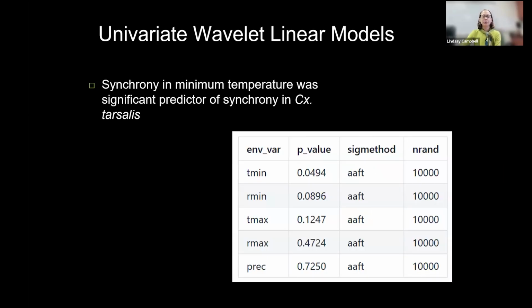So the next thing that we wanted to do was to see whether or not the synchrony in the environmental variables could predict the synchrony in the Culex tarsalis. And so here we found that minimum temperature was a significant predictor of spatial synchrony in Culex tarsalis. Again, that's not entirely surprising.